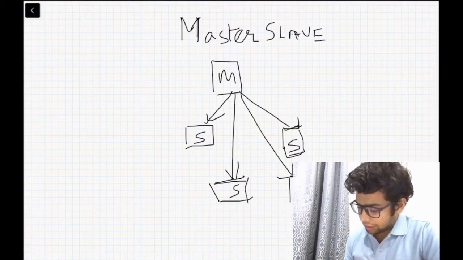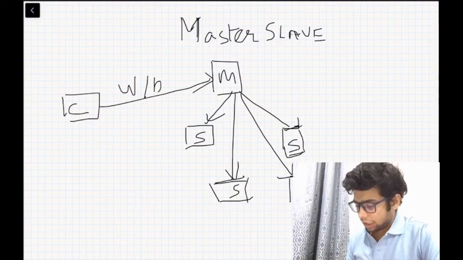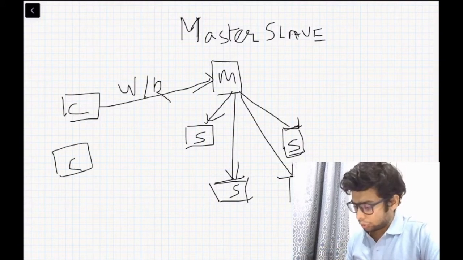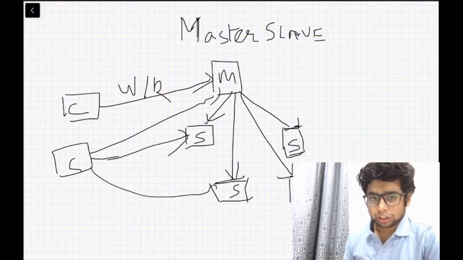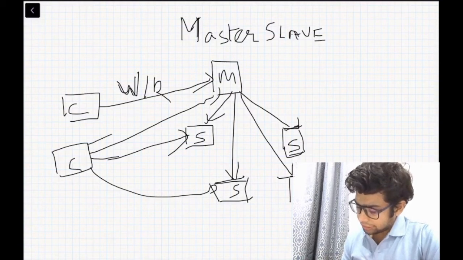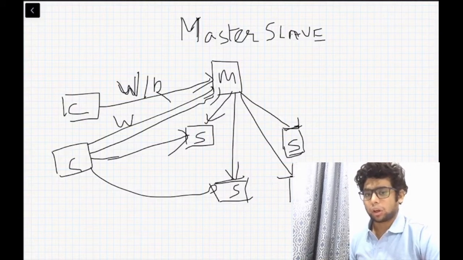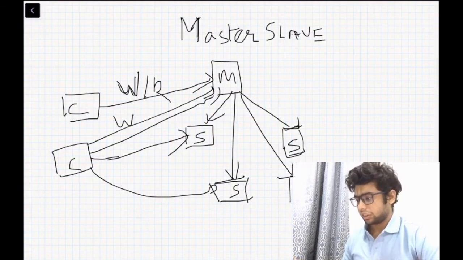Whenever a client makes a write request, it always goes to master, and a read request can also go to master. But if a client makes a read request, then it can go to slaves or master. But the write request, if a client sends, that only goes to master. So all the writes are to master, and reads can be either the master or a slave. So that's basically master slave.